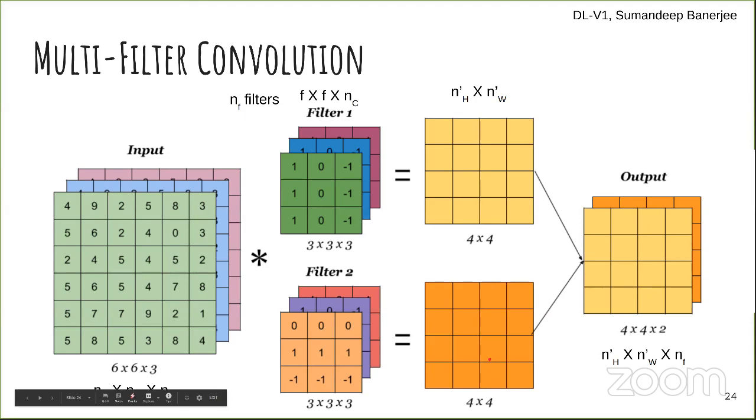We can generalize this concept, and let's say we have nf number of filters, and so we will end up with an output of nh dash by nw dash, based on whatever. In this case we are using stride 1 and padding equal to 0, so we end up with 4 by 4. Whatever this nh dash nw dash we choose, the number of outputs will be equal to the number of filters that we apply.